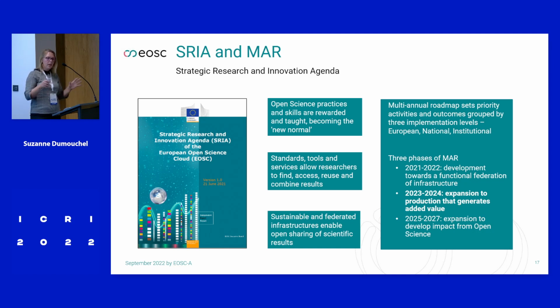So here you can see in the middle the three main objectives that have been highlighted in the current version of the SRIA. These three objectives, you already know them because these are also the objectives of open science at large. So they are the ones that drive us in what we want to do in the EOSC Association. And on the right, you can see that the MAR, the multi-annual roadmap, is built in three different phases, in order to highlight the different priorities.